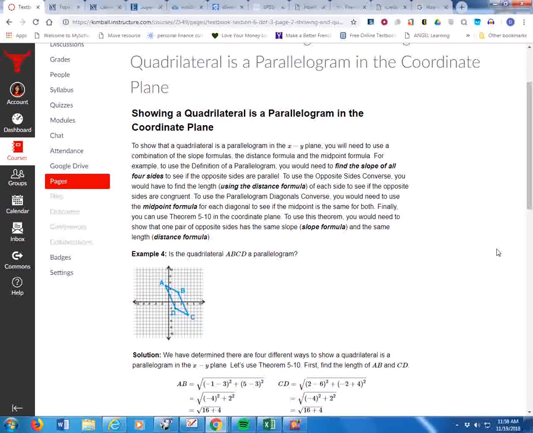So if it's a quadrilateral, what's the sum of the angles in a quadrilateral? How do you find that out? What's the formula? How many sides are there in a quadrilateral? Okay, so what do I do to find the interior? Okay, so what is that? 180 plus 180 is 360. Yes, 360. So the sum of the measures of the interior angles of any quadrilateral is 360.